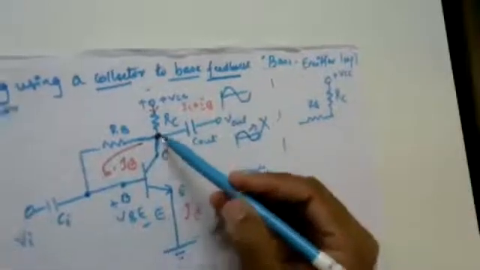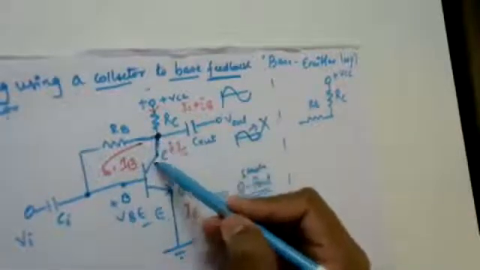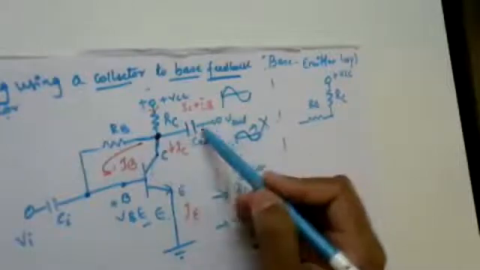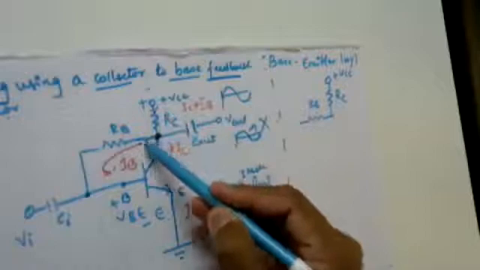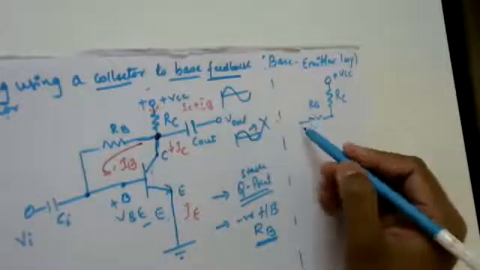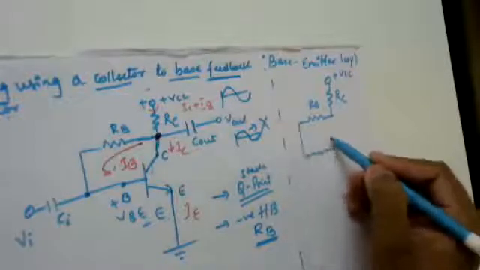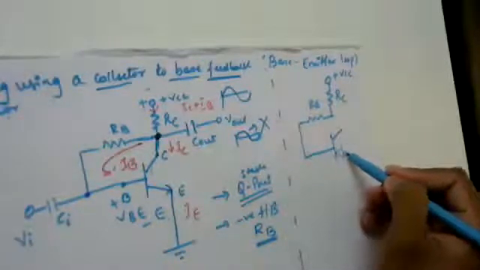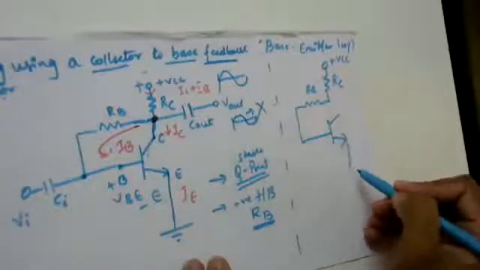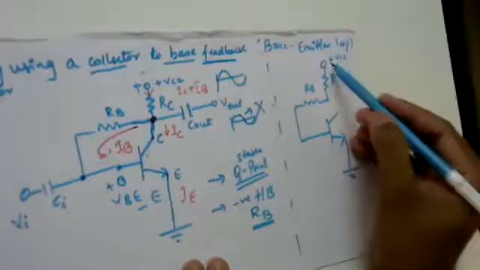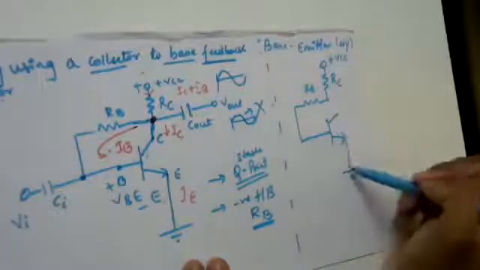Next I'm not going here, because this becomes an output port, so I need to consider only the input loop. After this base resistance, I'm connecting to base to emitter, and from the emitter it is grounded. So only this loop I'm considering.